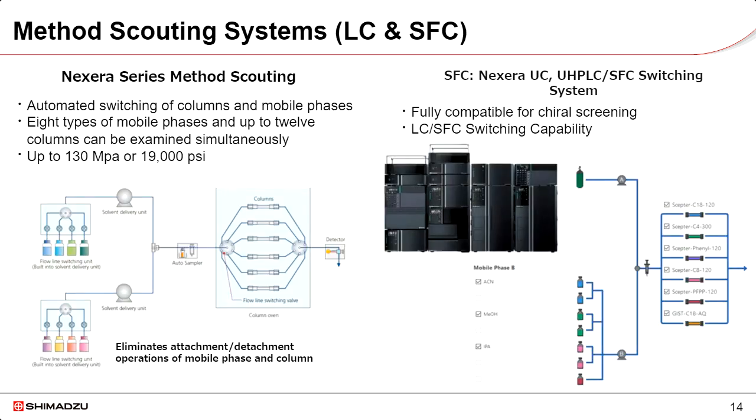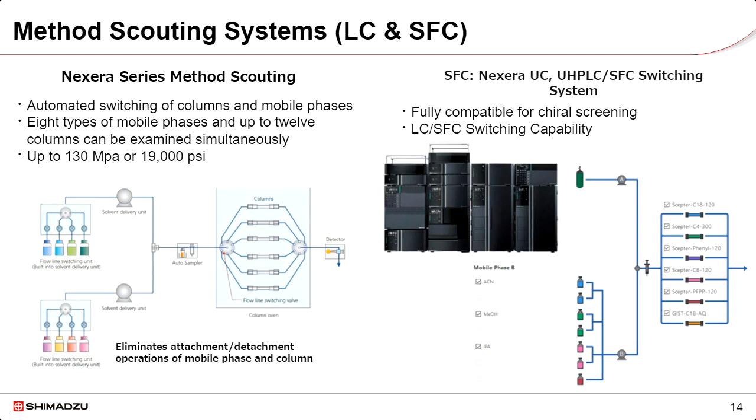When using LabSolutions MD, that ease of setting up your screening comes whether you're using LC or SFC. There's the flexibility of the software to accommodate a variety of different system configurations, as well as a number of different combinations of solvent choice.